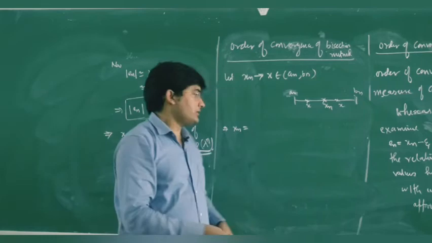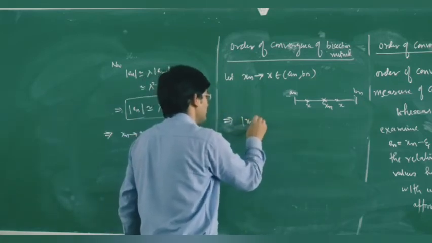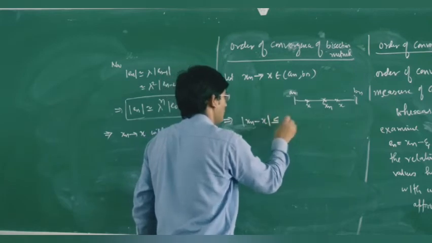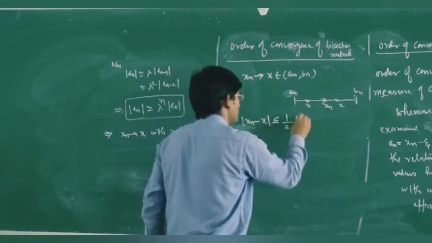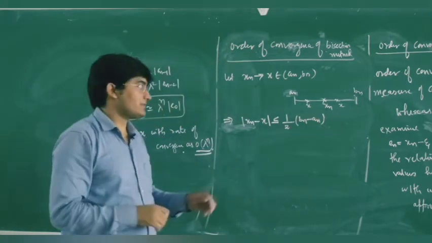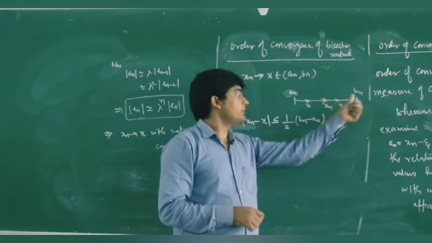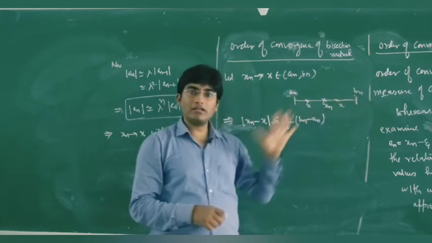Now in each case, this implies that your |xn minus x| is always less than or equal to 1 by 2 times (bn minus an) in case of the bisection method, because we know that in the bisection method our xn will be equal to (bn plus an) by 2.